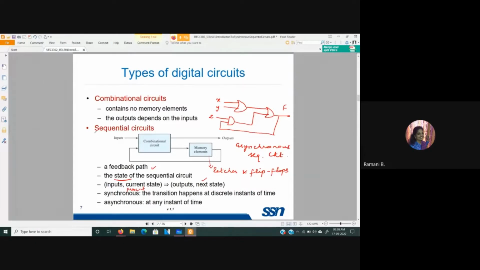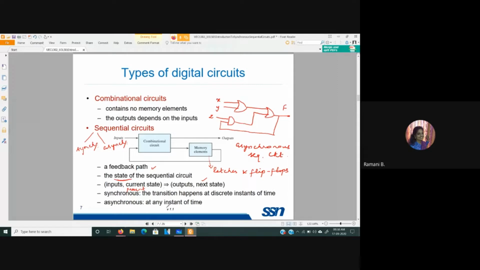So the further classification of sequential circuit, as I mentioned, is synchronous sequential circuit and asynchronous sequential circuit. In case of synchronous sequential circuit, the name synchronous itself implies that there is some synchronous operation happening, right?